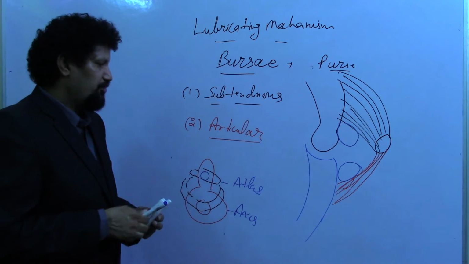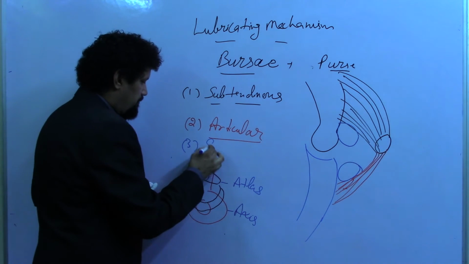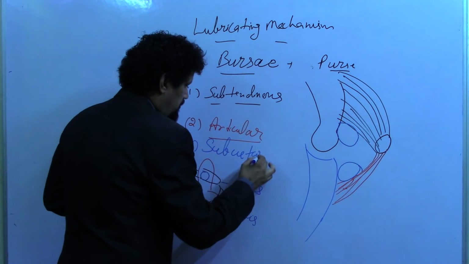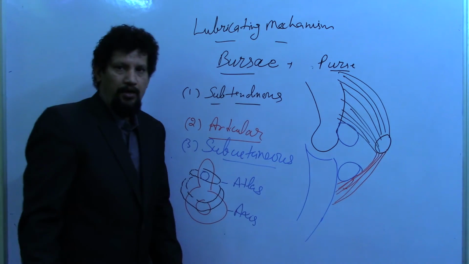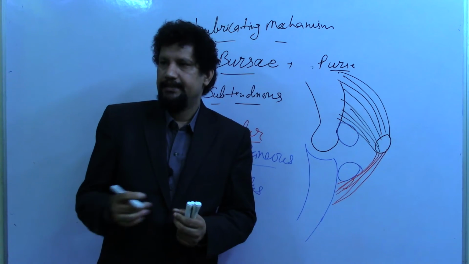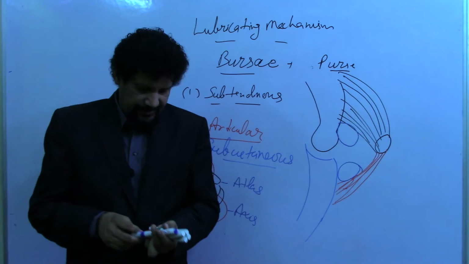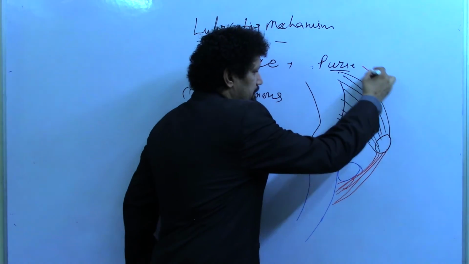Bursa may be subcutaneous. When a bursa is seen between the skin and tendon, between the skin and the muscle, it is known as subcutaneous bursa. In case of the knee, we can see here the skin.